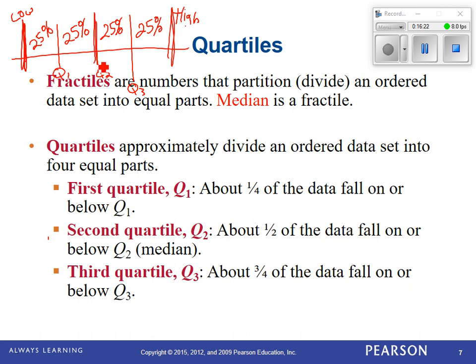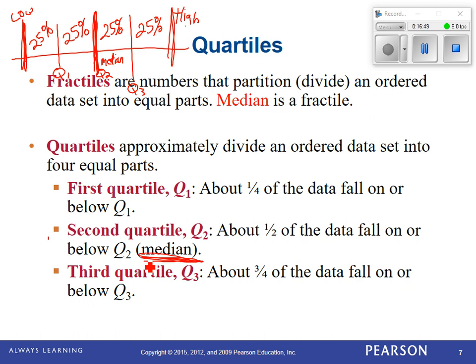Quartile 2 is also the median. So if we put all the numbers in order, that middle number is the same as quartile 2. That's important to remember, because sometimes they'll ask you for the median, sometimes they'll ask you for quartile 2, and you need to remember that they're the same thing.